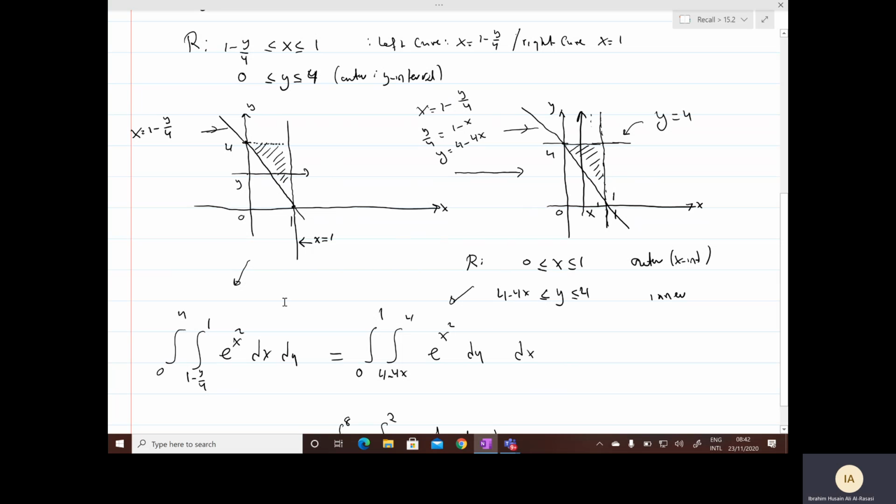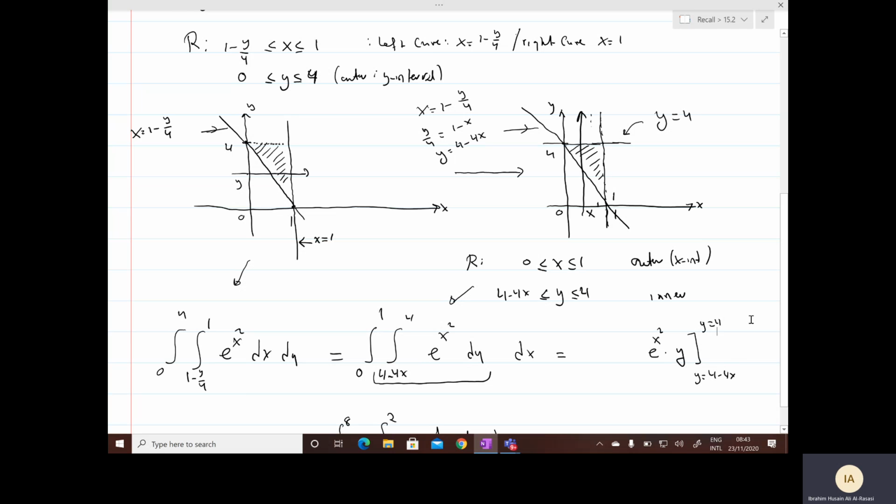So reverse means write it from type 2 to type 1 or type 1 to type 2. Now integration is easy, because now we integrate e power x squared dy. Integrating with respect to y, x is constant, so this becomes e power x squared times y, from y equals 4 minus 4x to y equals 4. When you reverse, integration becomes easy. Integrating this with respect to x is not possible, but integrating with respect to y is very easy, just a constant times y.